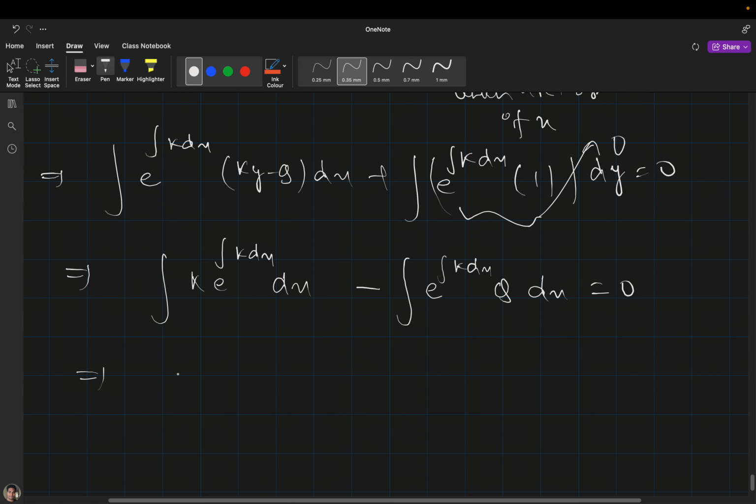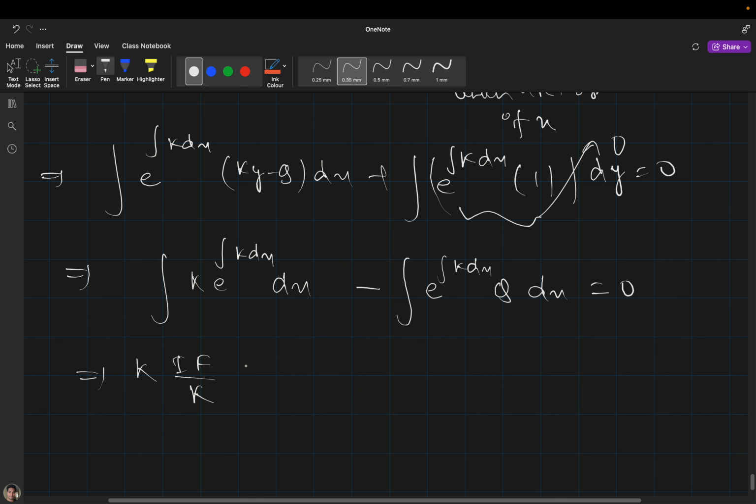What is this? It is a constant, right? And when you integrate it, what will it become? This is the integrating factor, right? When you integrate it, it will become the integrating factor divided by k.